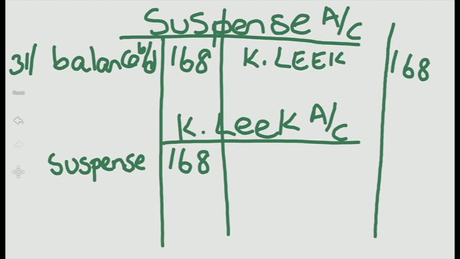When we look into this, what has happened to our suspense account? It has been closed. But what is there? We now have the personal account, which we have made a payment to. This personal account is our creditor, and we have made a payment to our creditor of 168. Therefore, our trial balance is definitely going to balance up.